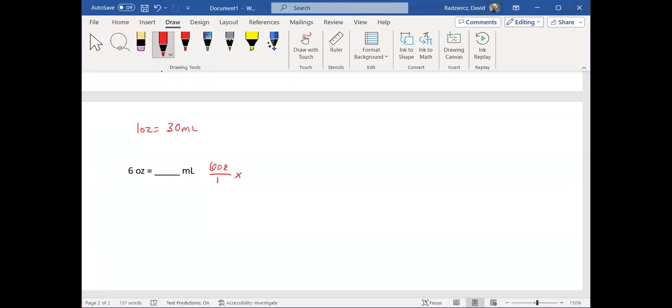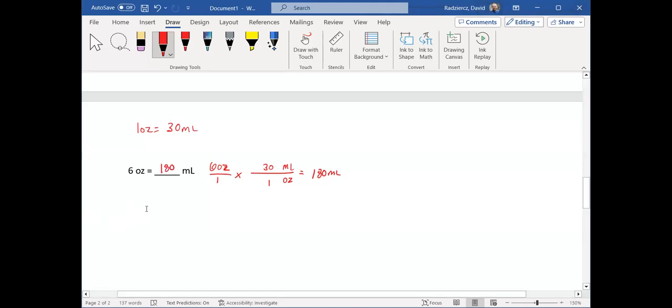I know that looks like 602, so I apologize. 6 ounces, and I want to convert ounces to milliliters. And I know that 1 ounce is the same thing as 30 milliliters. So 6 times 30, I plug that into my calculator, and my answer is 180 milliliters. So that's what I would put as my answer in here.